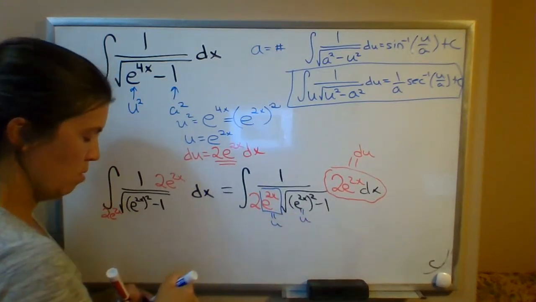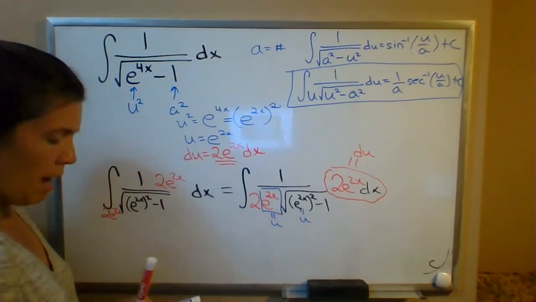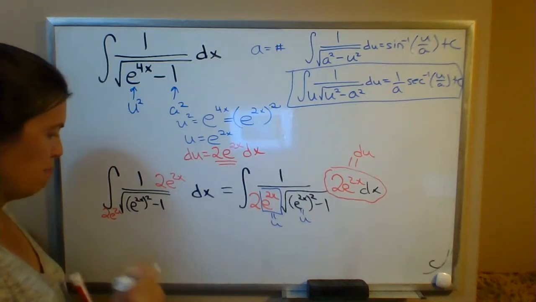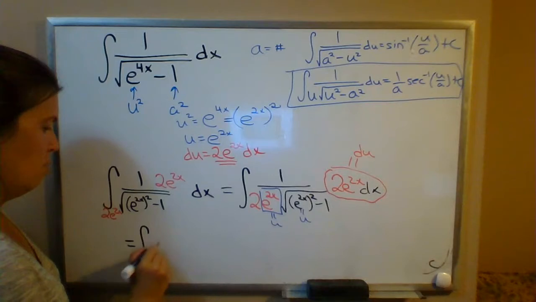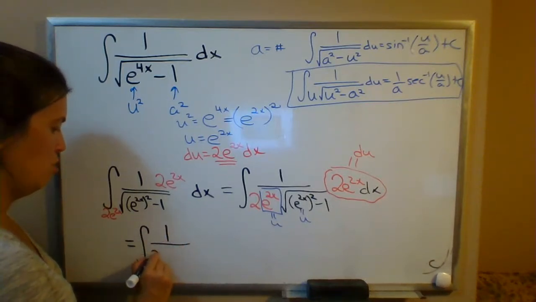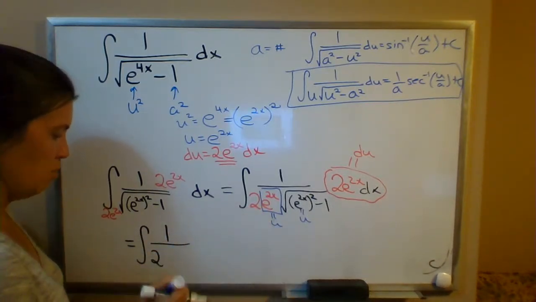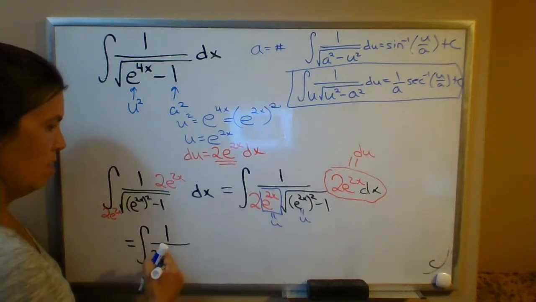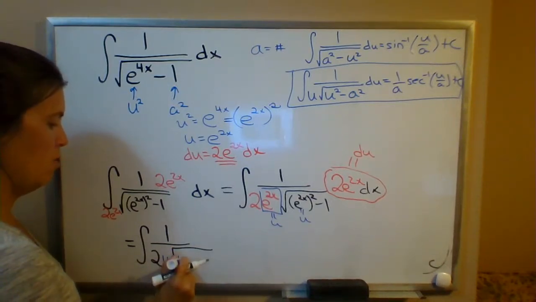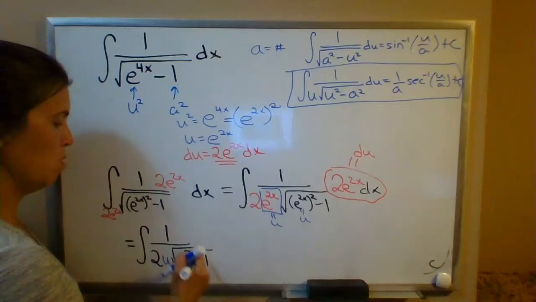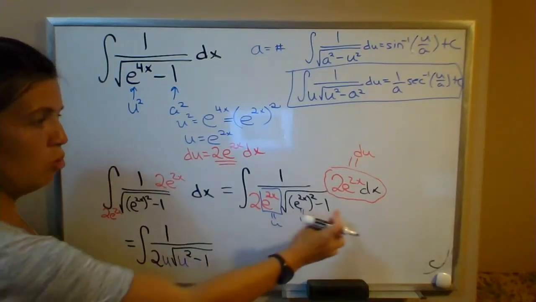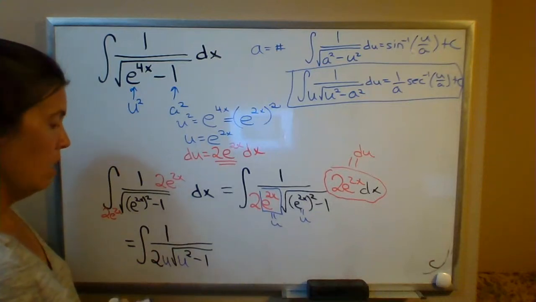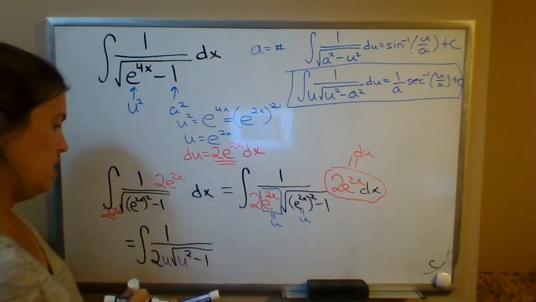So what we have is the integral of 1 over 2 times e to the 2x, which is equal to u, square root of u squared minus 1, and then this whole 2e to the 2x over here is equal to du.